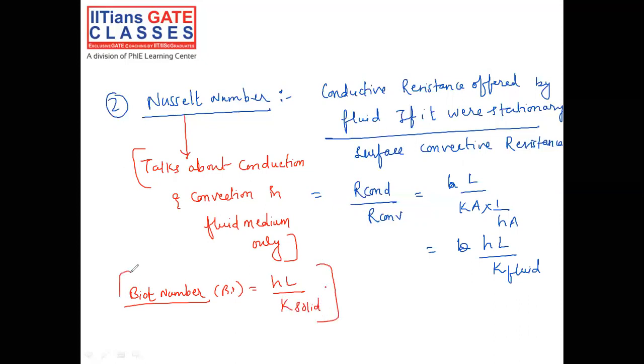So Biot number is used for the temperature distribution at the boundary between solid and fluid. But Nusselt number only talks about the conduction and convection in the fluid medium only. That is the major difference between Nusselt number and Biot number. So that is all about Nusselt number. Now let's have a look at the third number, that is Grashof number.